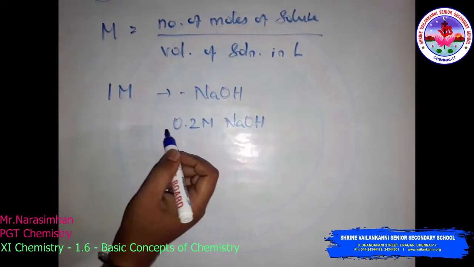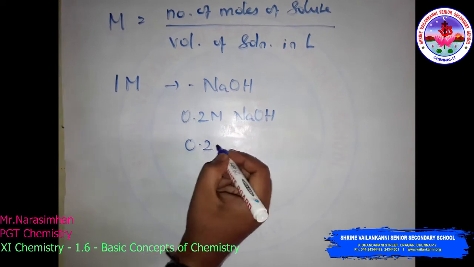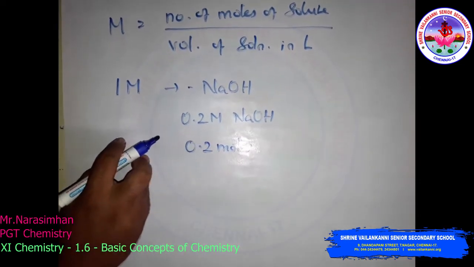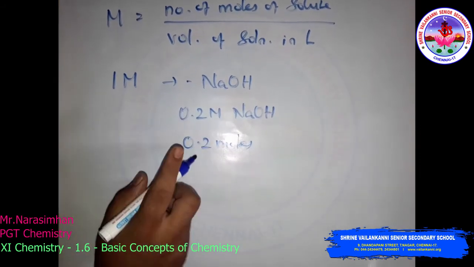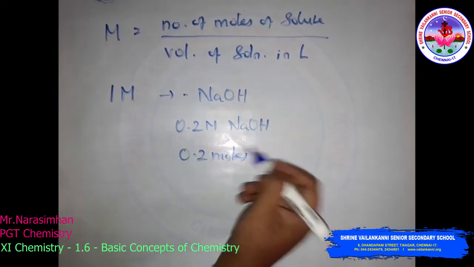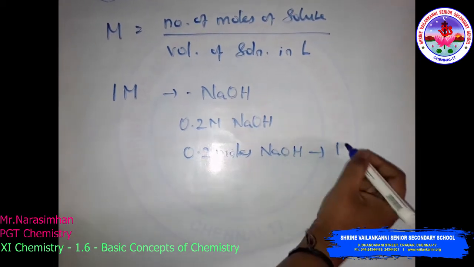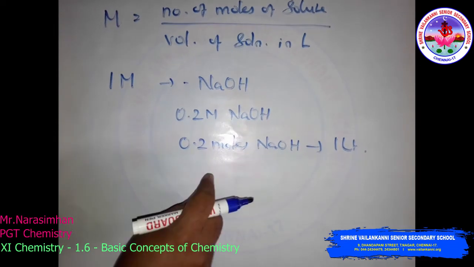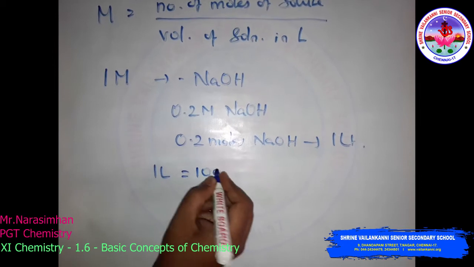Similarly, for a 0.2 molar solution we need 0.2 moles of NaOH in 1 liter. So we take 0.2 moles of NaOH and make the solution up to 1 liter. That means 1 molar is present in 1 liter, or 1000 milliliter.